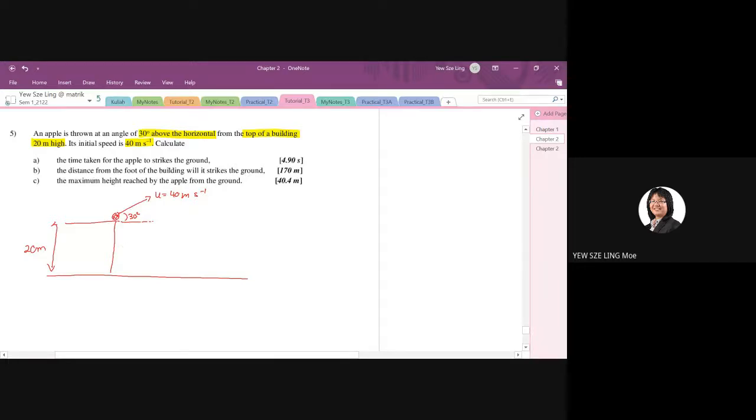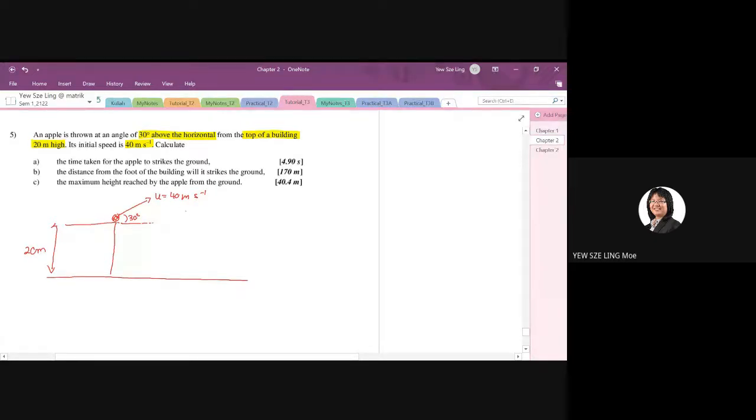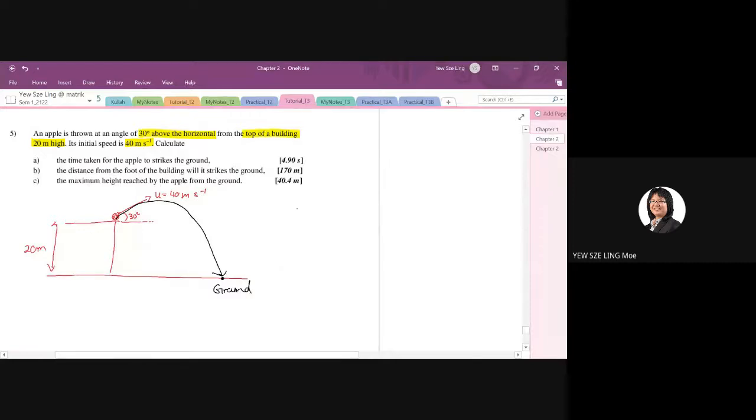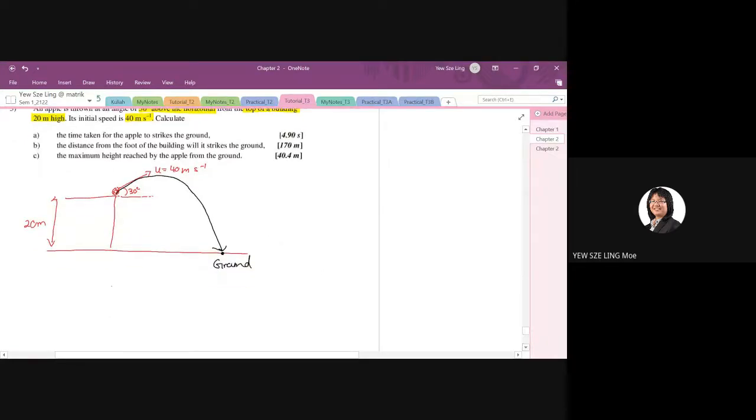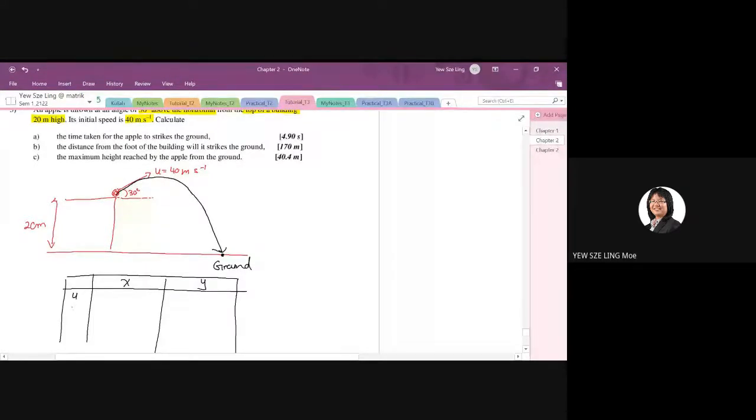Calculate the time taken for the apple to strike the ground. Now your object is moving like this, and it strikes the ground, so you want the information at the ground. Let us do a table as usual. This is the X component, this is the Y component: U, V, A, S, T. A is 0 and negative 9.81.